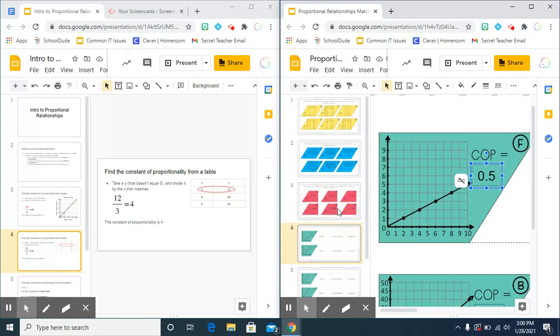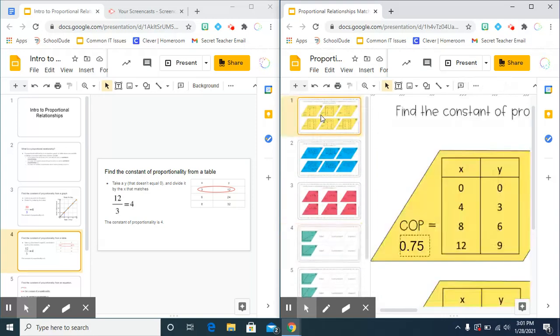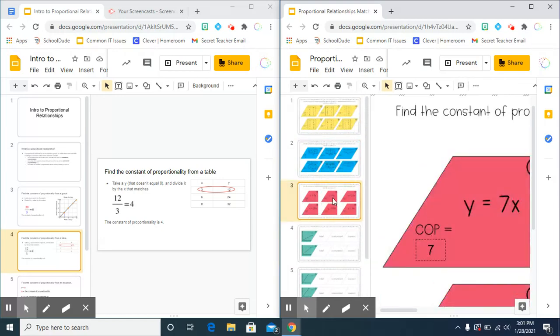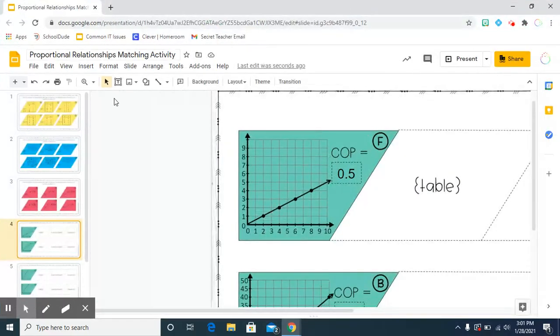Now, for this entire homework assignment, all you have to do is find the constants of proportionality for each one and match them up with their correct graph. So, for example, let's take a look at our graph where we have the constant of proportionality of 0.5.